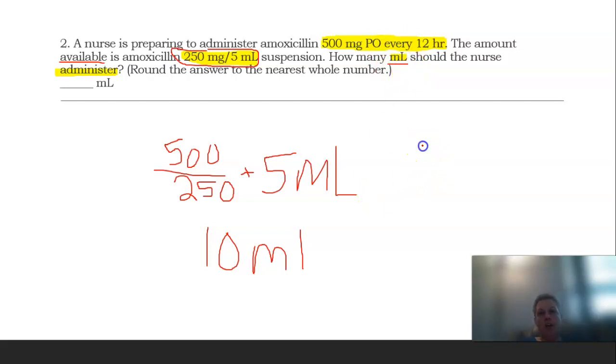Okay, so another way that you could look at this, I don't want to confuse anybody, but if there was 250 in 5, it's a direct proportion ratio.